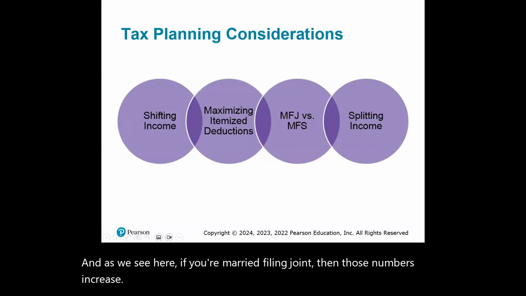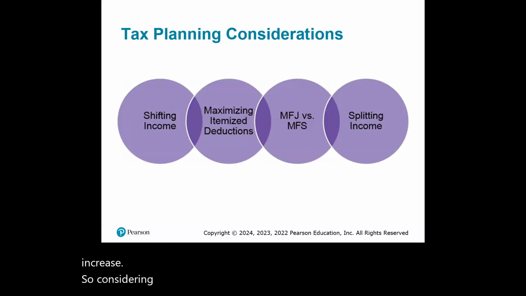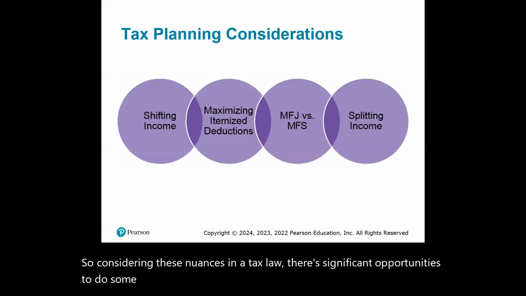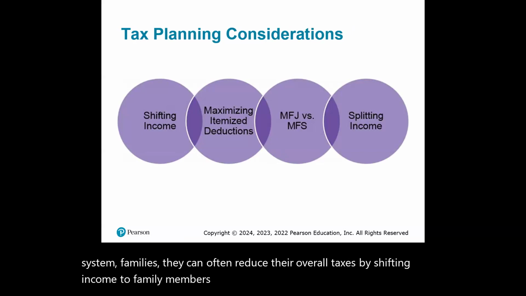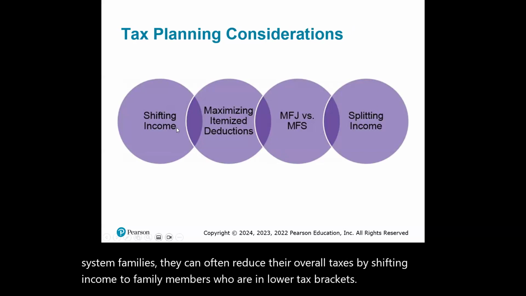So considering these nuances in the tax law, there are significant opportunities to do some tax planning to shift income. Because of the progressive tax system, families can often reduce their overall taxes by shifting income to family members who are in lower tax brackets. So we have shifting income.